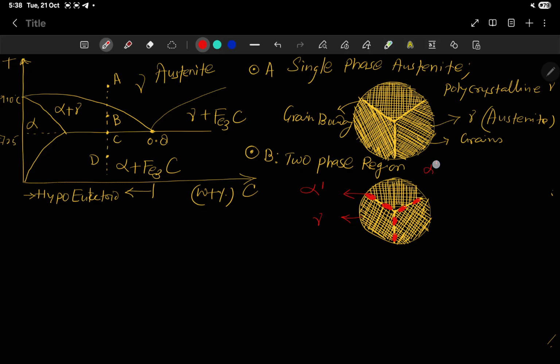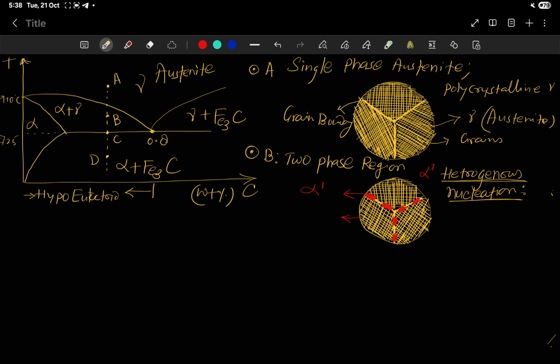So this alpha dash is heterogeneous nucleation, because you can see this nucleation is happening at different locations, at different concentration.